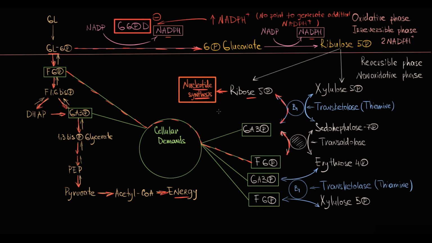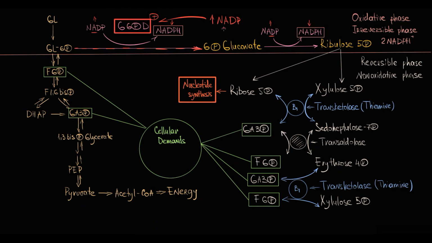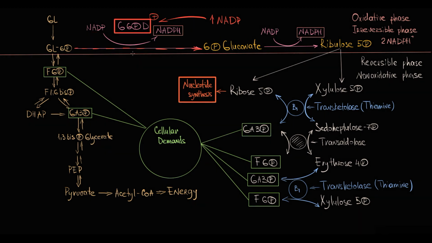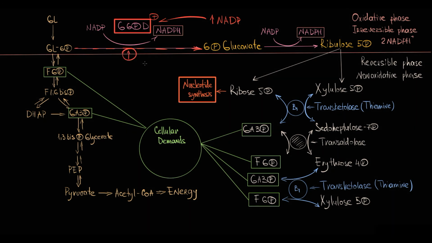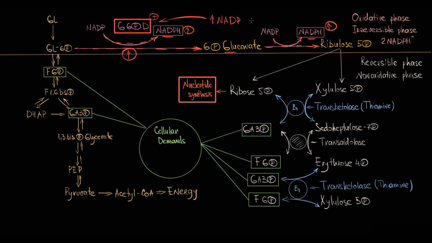And an increase in NADP allosterically stimulates this enzyme, because if the amount of NADP increases, then logically the amount of NADPH is low. So the tissue requires additional NADPH molecules that can be produced by the oxidative phase of the hexose monophosphate shunt. So a high NADP level stimulates glucose 6-phosphate dehydrogenase, which takes glucose into the oxidative phase, and during this phase NADP plucks out electrons from glucose, resulting in production of NADPH, thereby increasing NADPH level inside the cell.